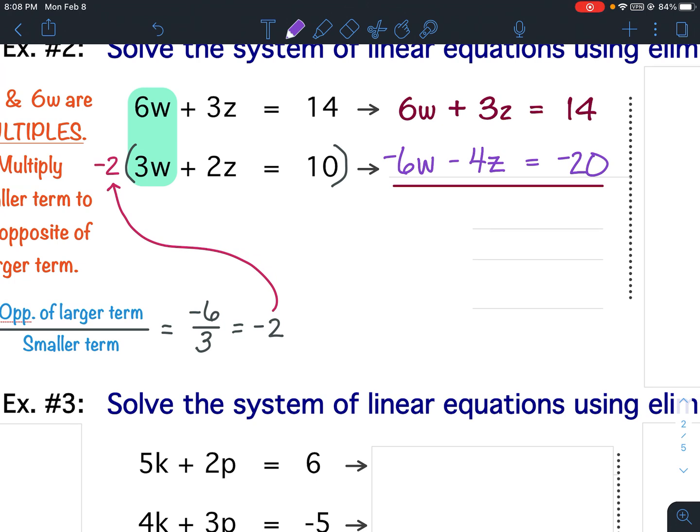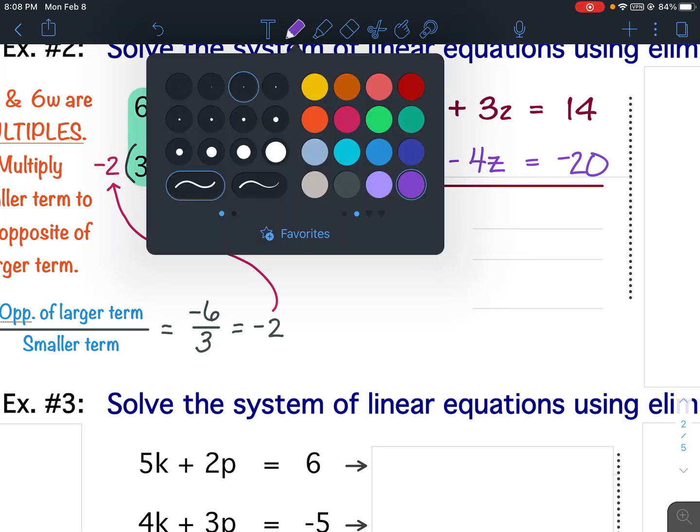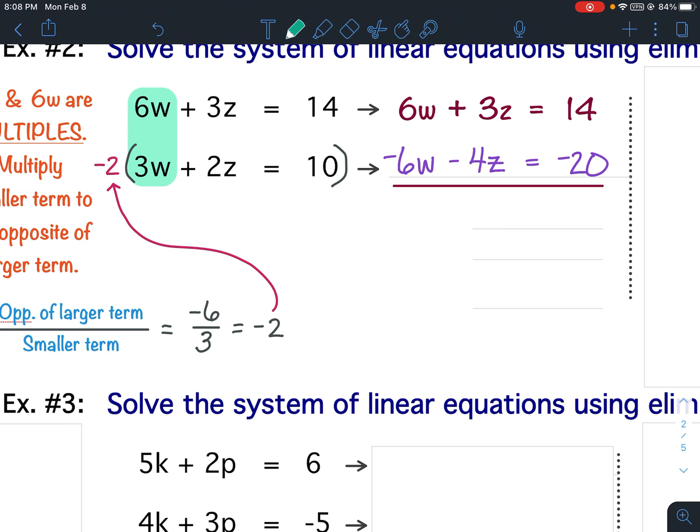Okay, so again, we have 6w plus 3z equals 14 on top, and then negative 6w minus 4z equals negative 20 on the bottom. My opposites are the 6w and the negative 6w. So the w term gets eliminated. And now I combine the other two. 3 minus 4 would give me negative 1z.